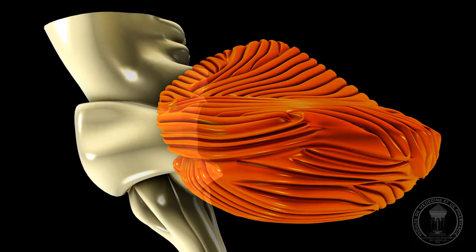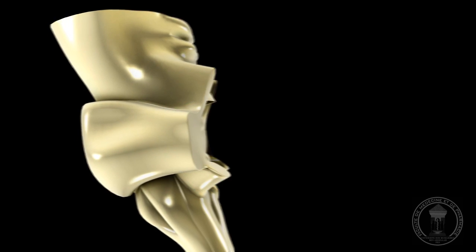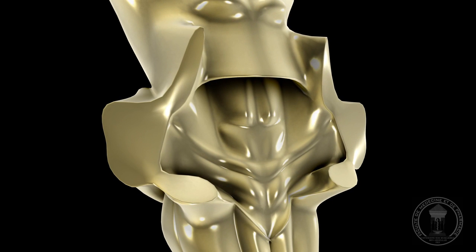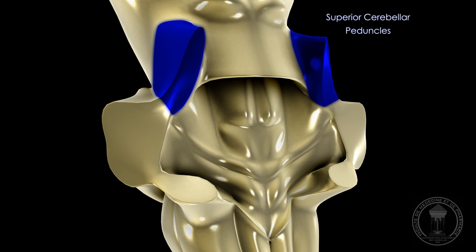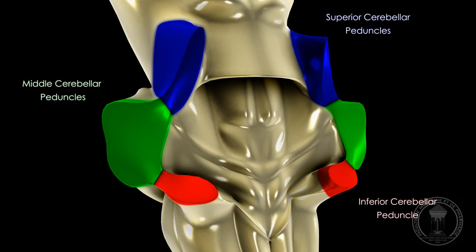The cerebellum is attached to the brainstem by 3 pairs of cerebellar peduncles: the superior, the middle, and the inferior cerebellar peduncle.